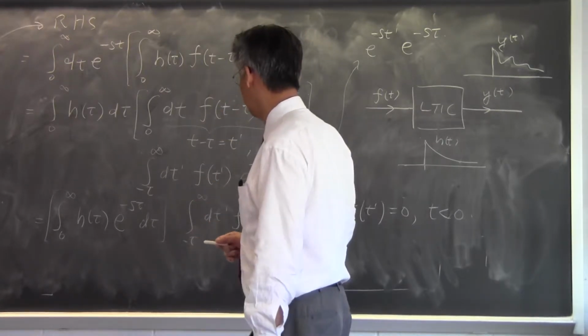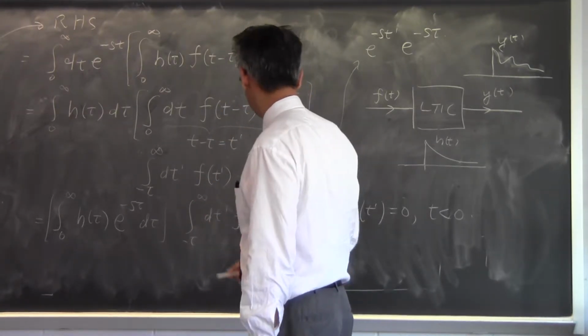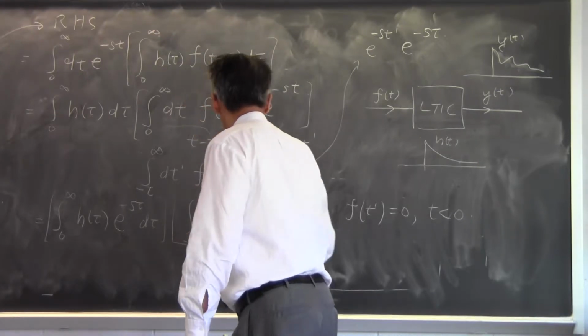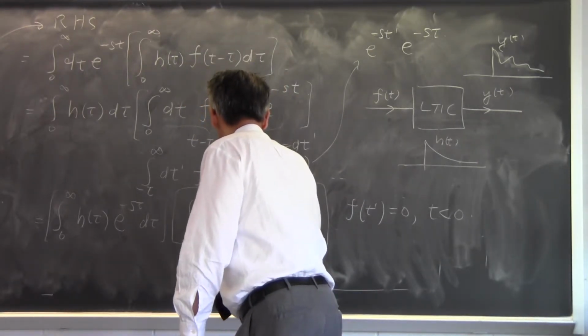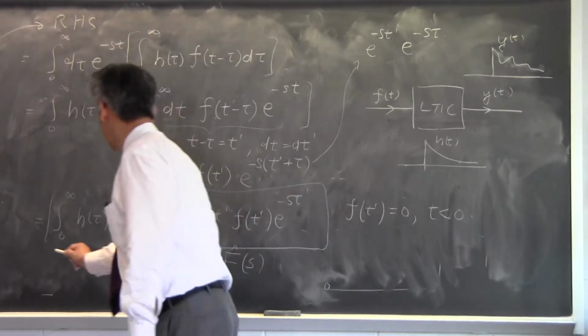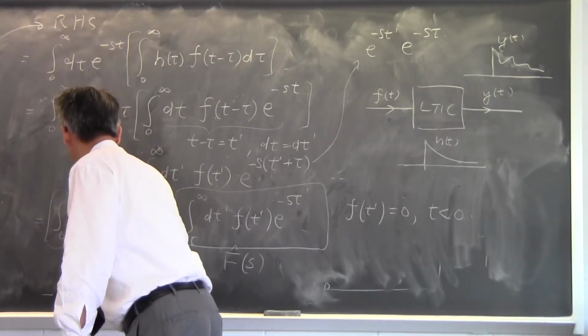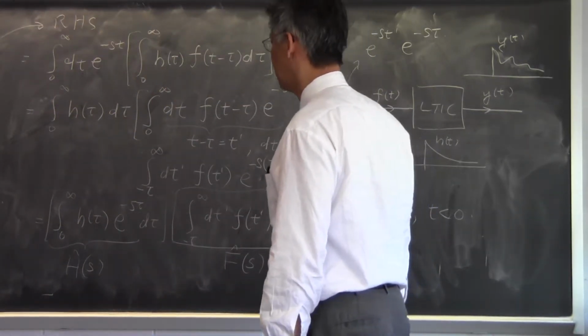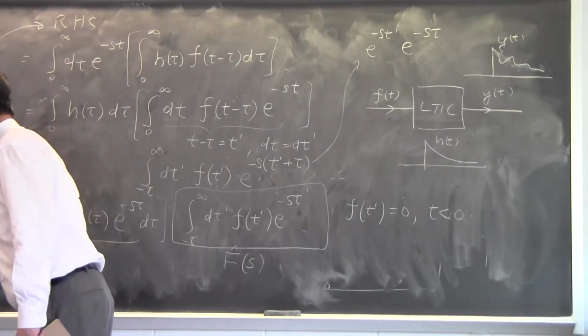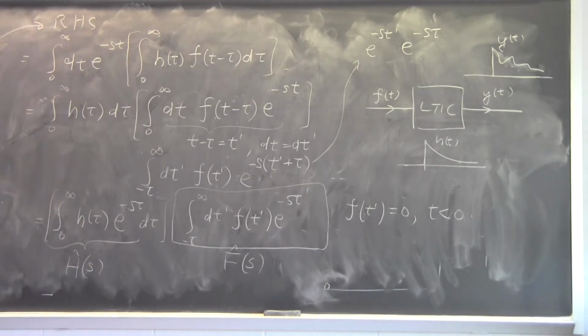Okay, I can change the lower limit of integration to 0, and hence this would be just the Fourier transform, or the Laplace transform, of f. This is just the Laplace transform of h. Okay, so this statement is proved, where this is s.